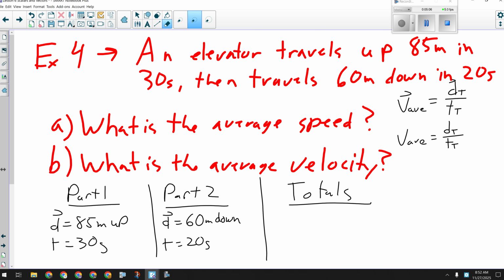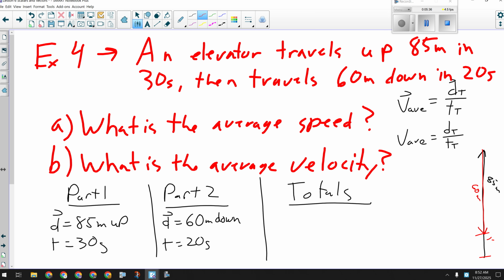What's my total displacement over the whole trip? 15 meters. Am I above where I started or below? Above. All we're doing here, guys, is this: we went 85 meters up, and then we turned around and came 60 meters down.